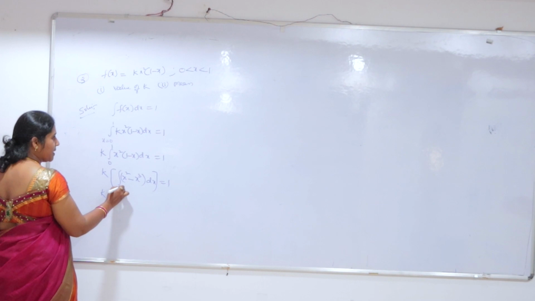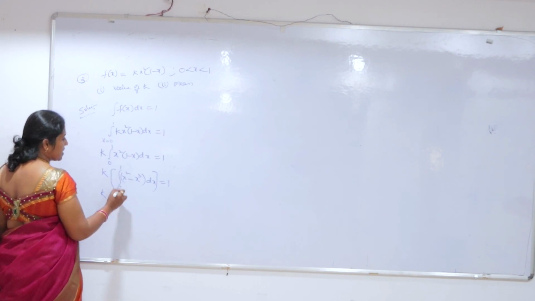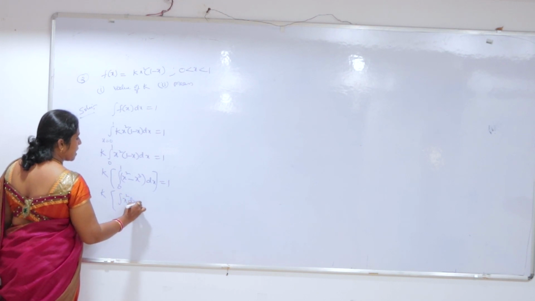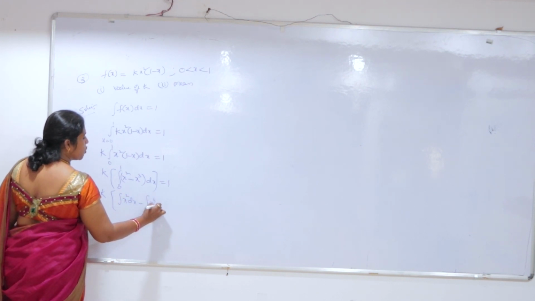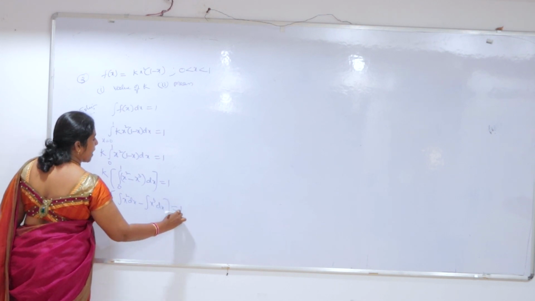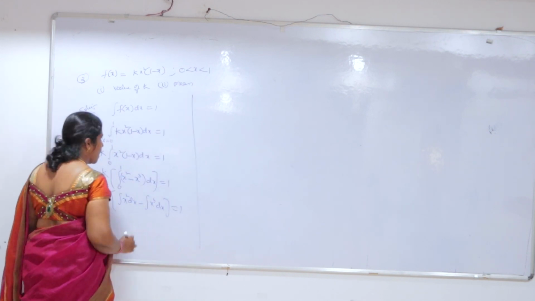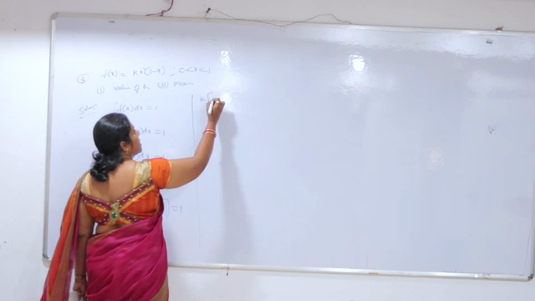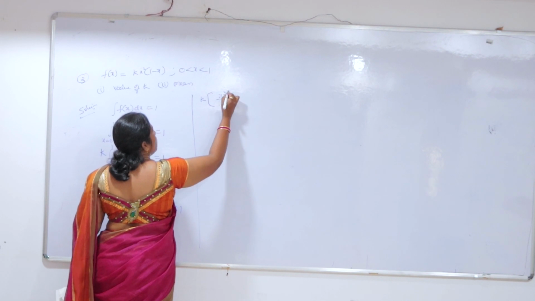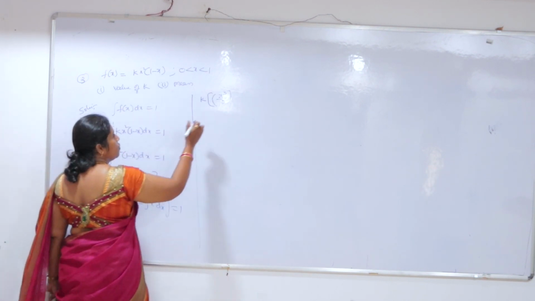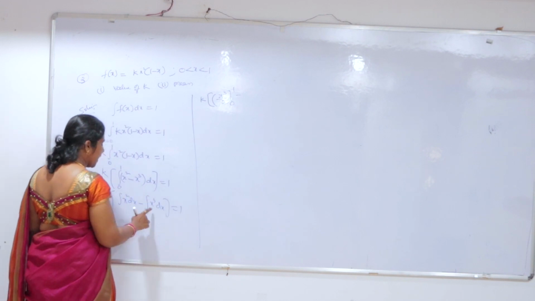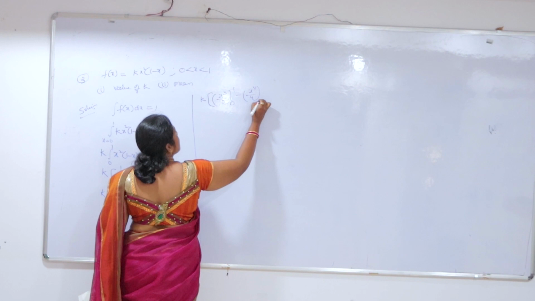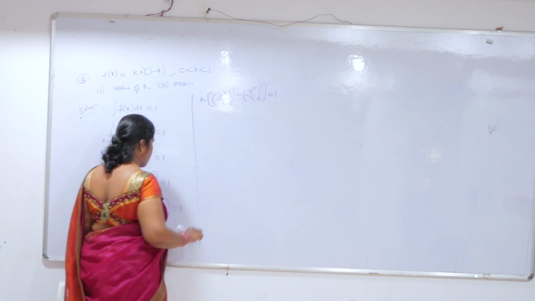Now k into, what are the limits you have? 0 to 1. Separate the integrals: integral x square dx minus integral x cube dx equal to 1. So k into, what is the integral of x square? X cube by 3, with limits 0 to 1, minus integral of x cube, which is x power 4 by 4, limits 0 to 1, equal to 1.